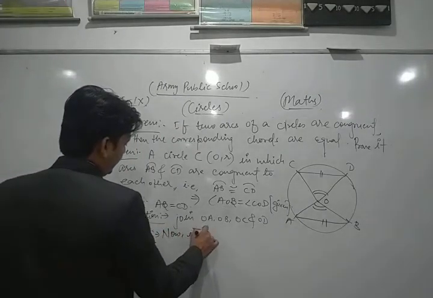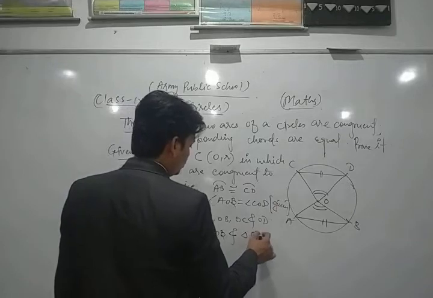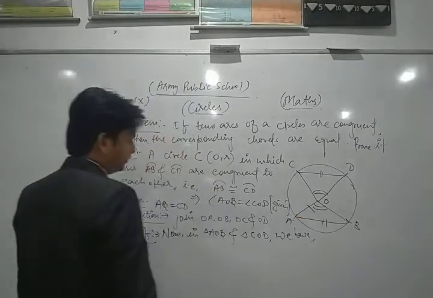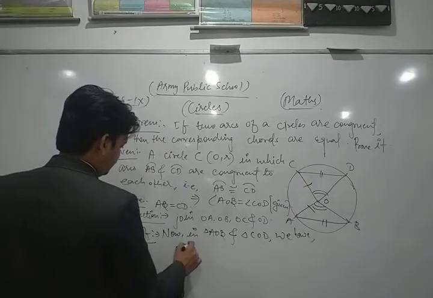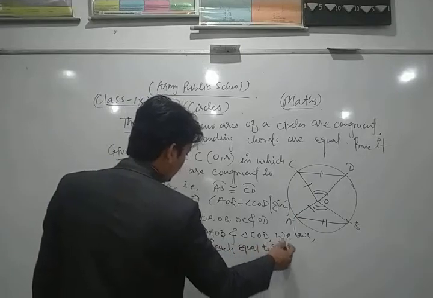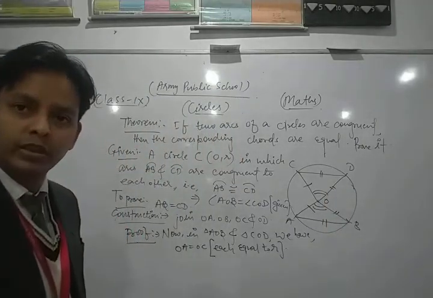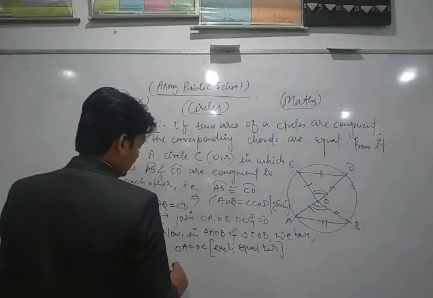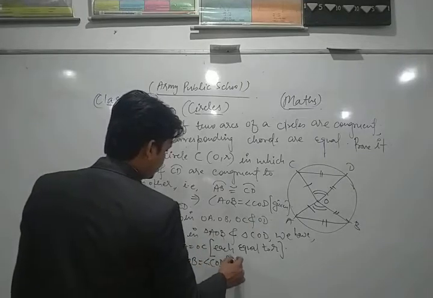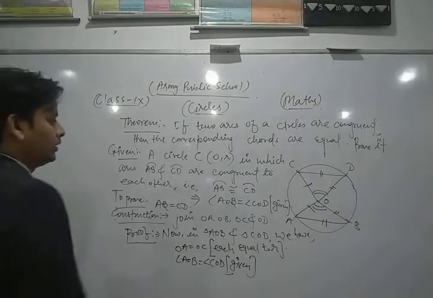In triangle OAB and triangle COD, we have OA equal to OC, each equal to R. OB is equal to OD, this is also given, each equal to R. And one thing is that angle AOB is equal to angle COD. This is given in our question.